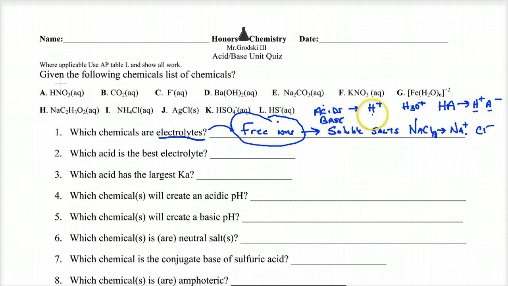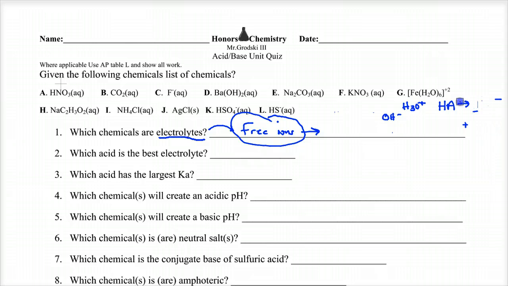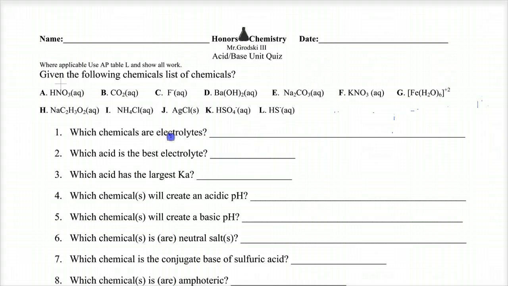Bases either pull a proton from a chemical to create a charged complex, or they themselves produce hydroxides in solution. Either way, acids and bases create ions that are free to move throughout a solution, or a homogeneous mixture, and these ions are free to conduct a charge.